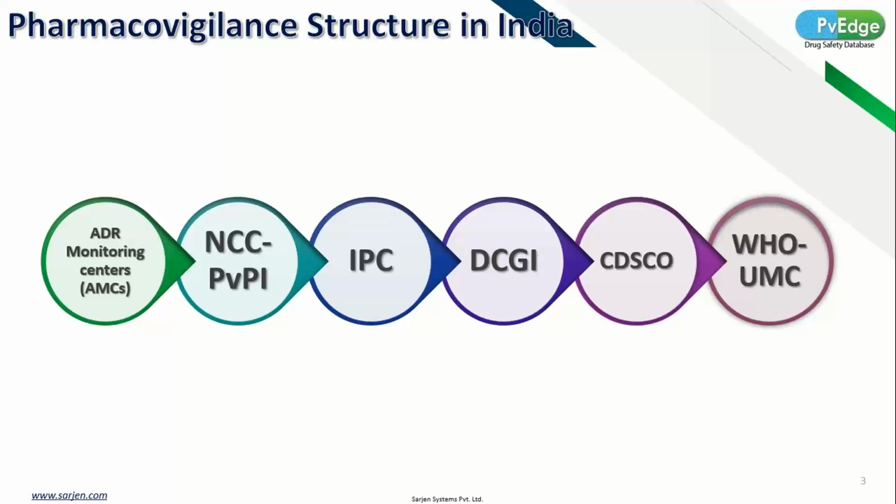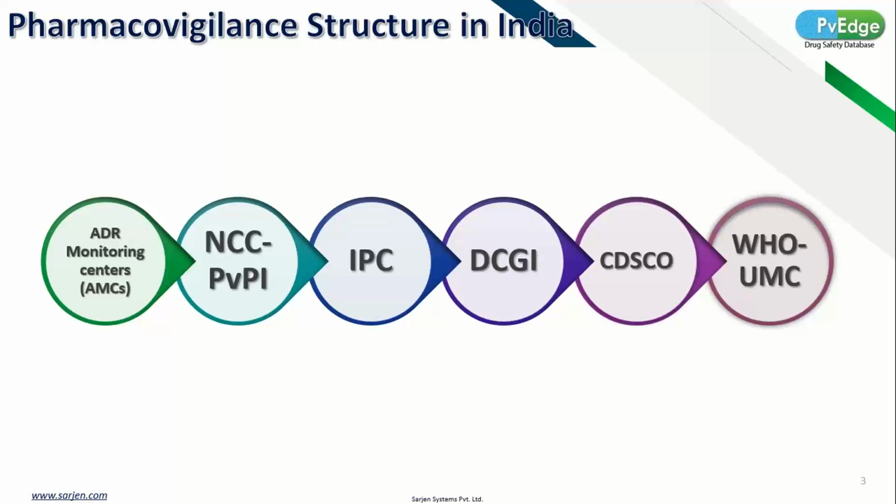So whichever R2 XMLs or the CIOMS forms which we are submitting to the DCGI and PvPI, they go ahead to the Vigibase and they will be processed in this UMC database, from the case intake till the last end stage. The full end-to-end case processing also happens over there by importing these respective CIOMS and R2 XML.